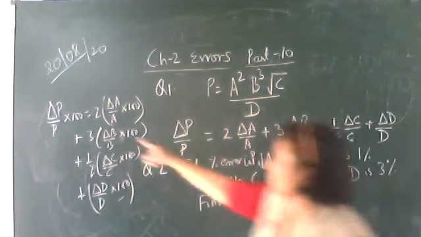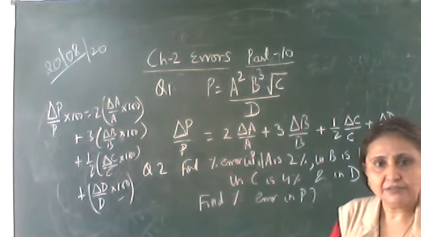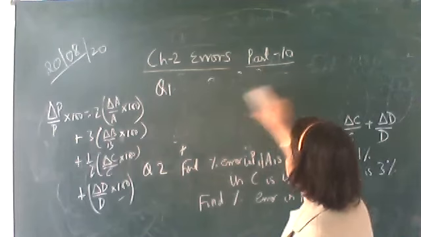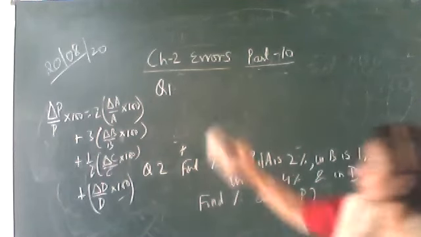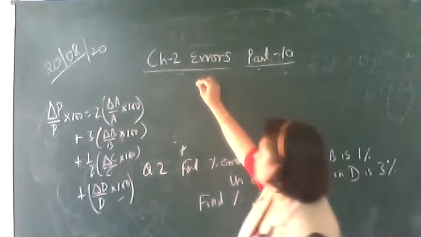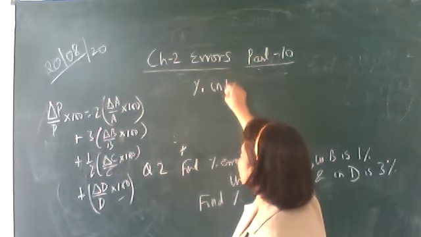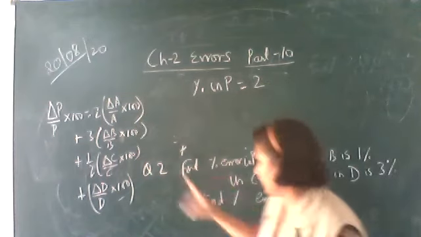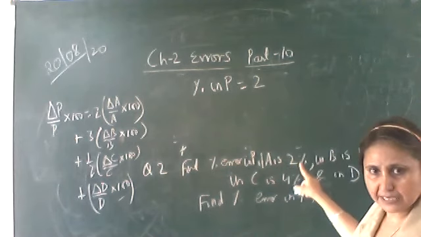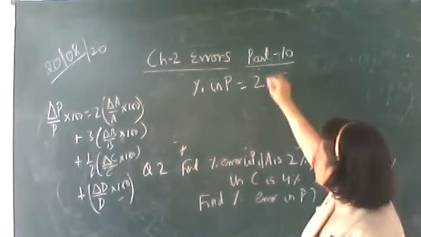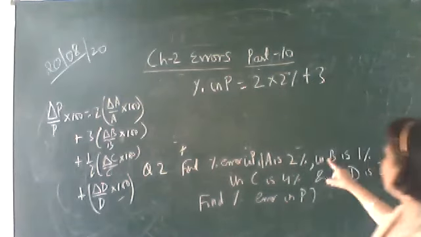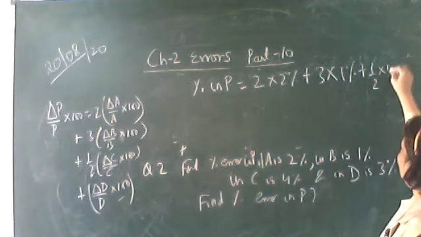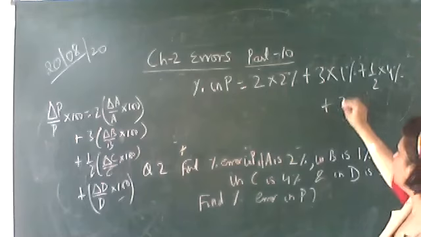The relative error multiplied by 100 is the percentage error in A. So delta P upon P into 100 is the percentage error in P which we have to determine, and this is equal to twice delta A upon A into 100, which is 2%, plus 3 times delta B upon B into 100, which is 1%, plus half delta C upon C into 100, which is 4%, plus delta D upon D into 100, which is 3%.